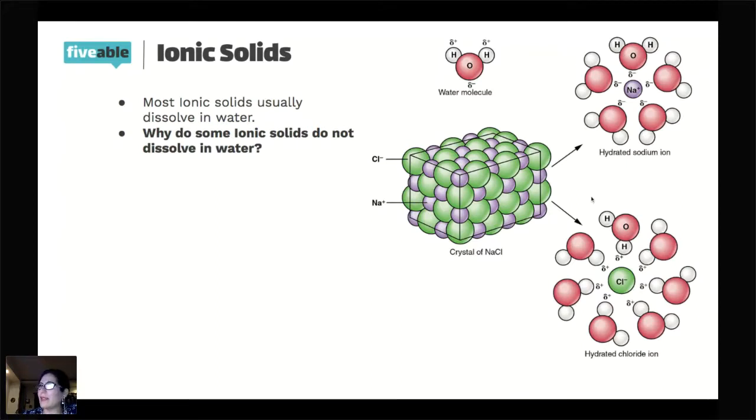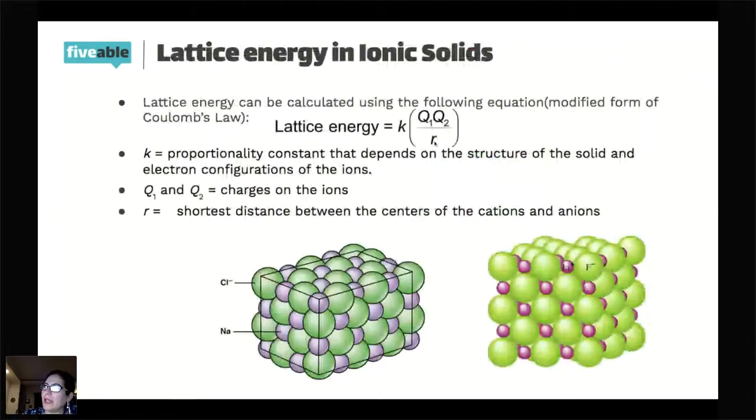Let's go back to that slide of the lattice energy. The lattice energy depends on the radius and the Qs. The Qs are the charges of the ions. So if you have large charges, then they will have a greater lattice energy.